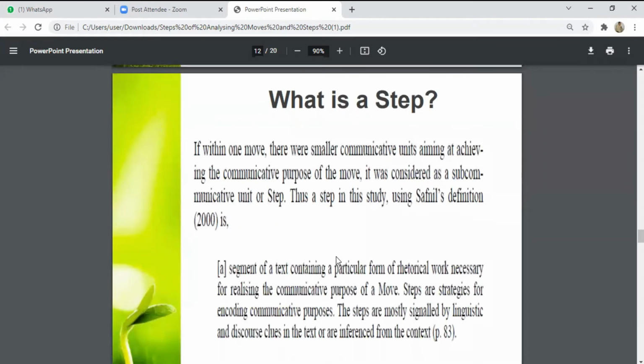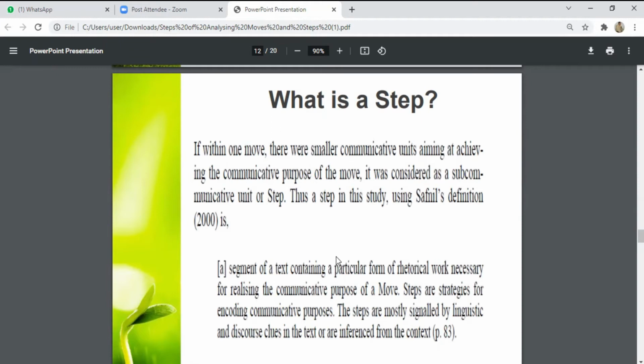So what is a step? A segment of a text containing a particular form of rhetorical work necessary for realizing the communicative purpose of a move.